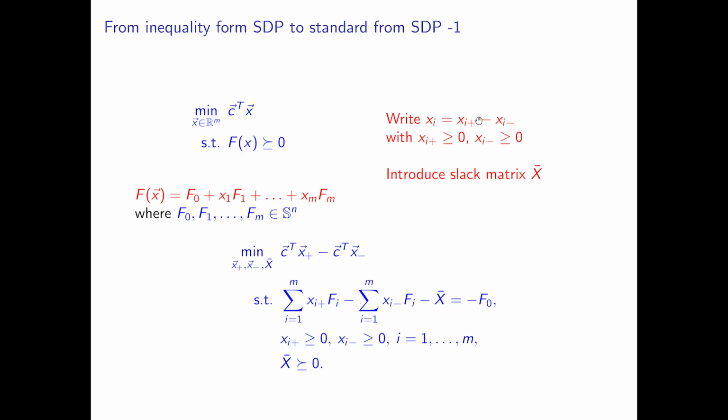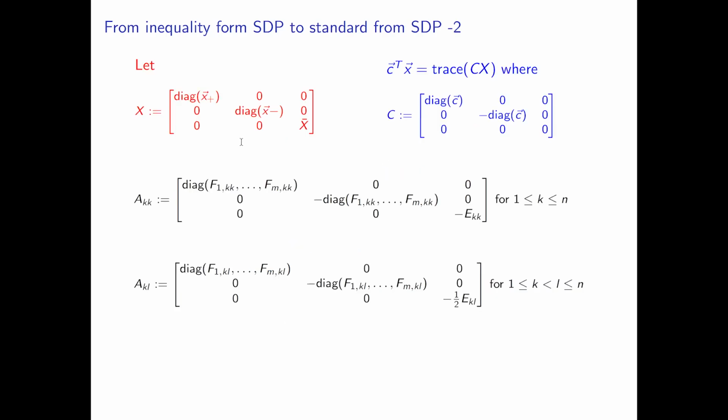So x is basically x plus minus x minus. I substitute that, I get C transpose x plus minus C transpose x minus. And for these things I write them as equality constraints by introducing the slack variable. The positive part has non-negativity constraints, the negative part has non-negativity constraints, and the slack variable has to be positive semi-definite. So this is the first preliminary massage of the inequality form SDP.